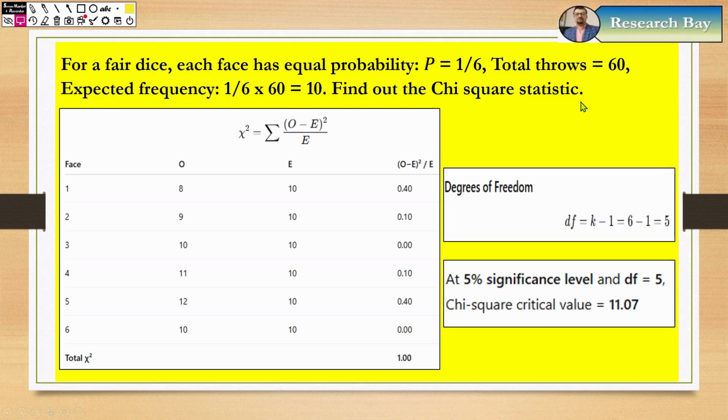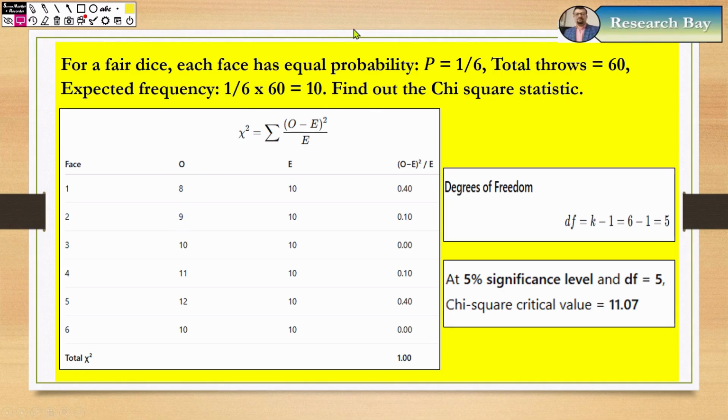Now, we are going to find out the chi-square statistic. We see here that the expected frequency is 10 for any of the faces ranging from 1 to 6, because it can appear 1 by 6 into 60 times, that is 10, right? So we use this chi-square statistic formula to put in the values wherein O stands for observed frequencies and E stands for expected.